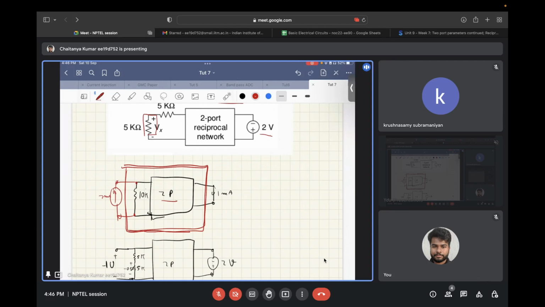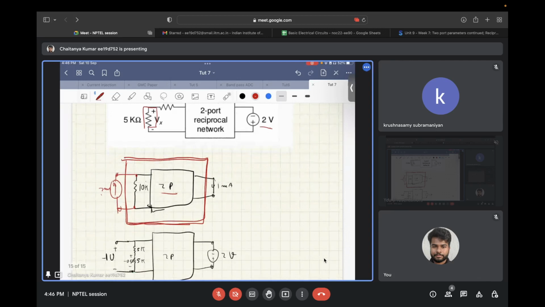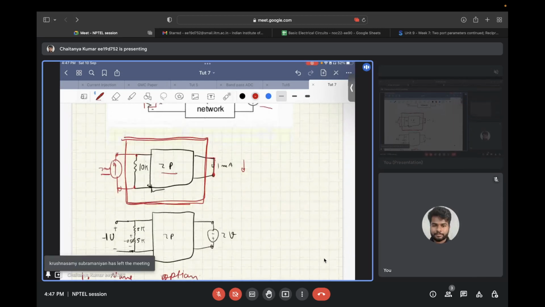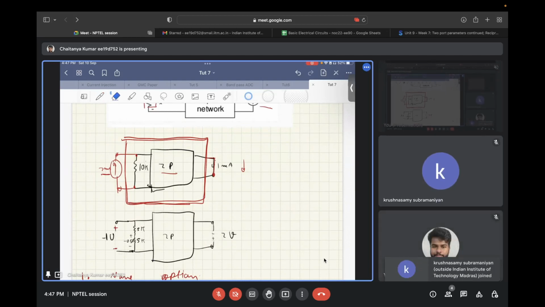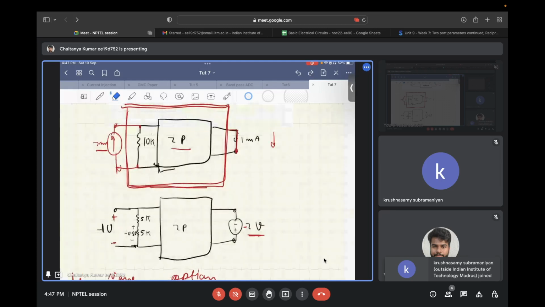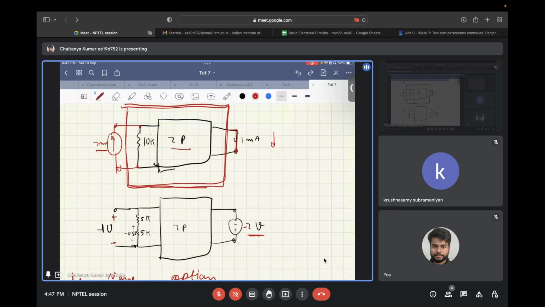Since a 2 milliamp current is creating a current of 1 milliamp on the other port, a minus 2 volt voltage source will basically create a voltage of minus 1 volt on the other terminal.